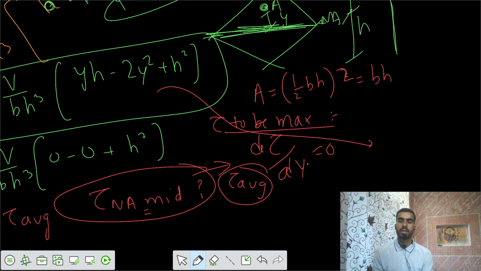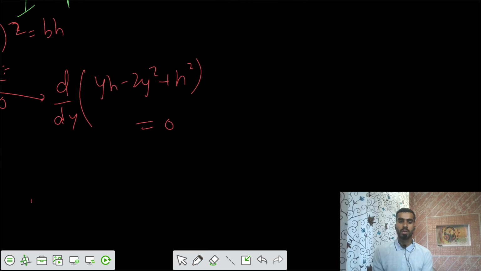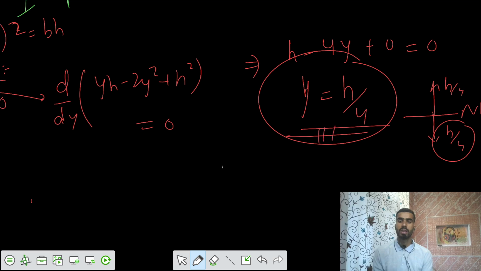So I would write d by dy of (yh minus 2y square plus h square) equals 0, which gives h minus 4y plus 0 equals 0. That means at y equals h by 4 from the neutral axis, or going downwards h by 4, there you have maximum shear stress.